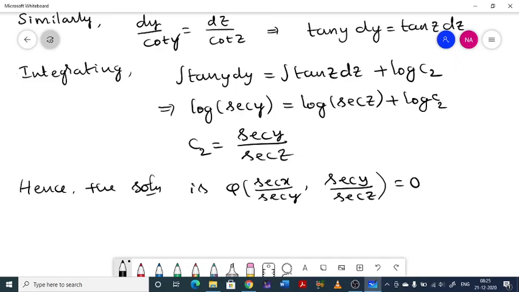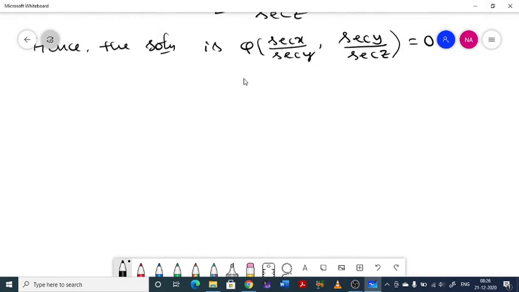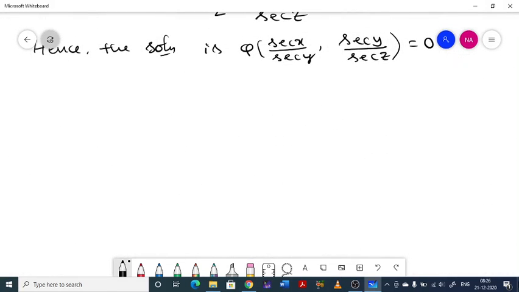Let us consider one more. Solve, problem C is solve y square zp equal to x square times zq plus y.